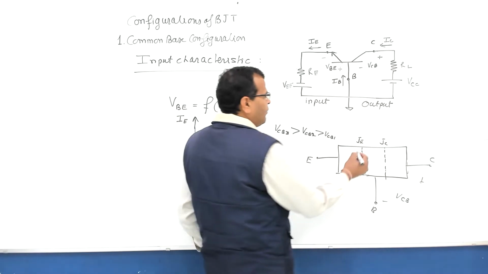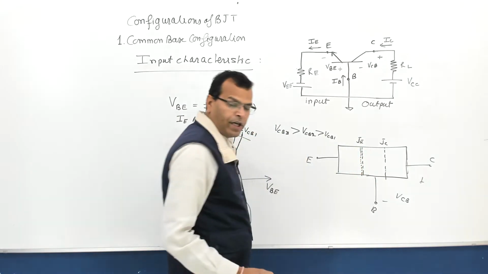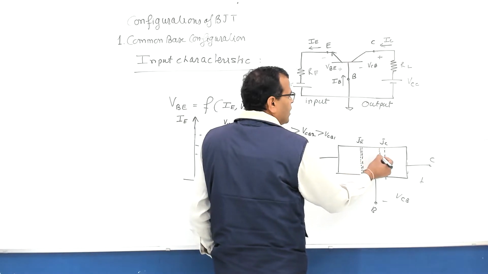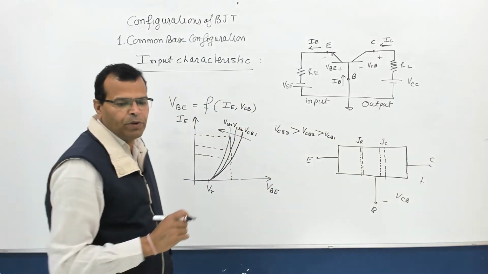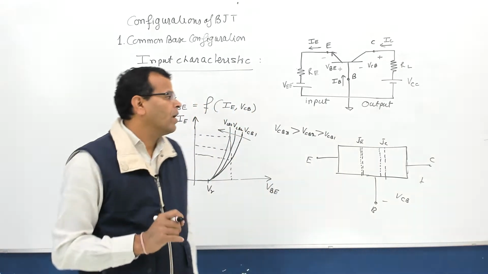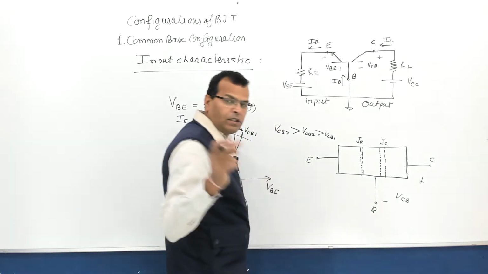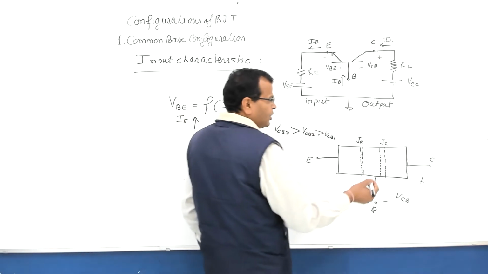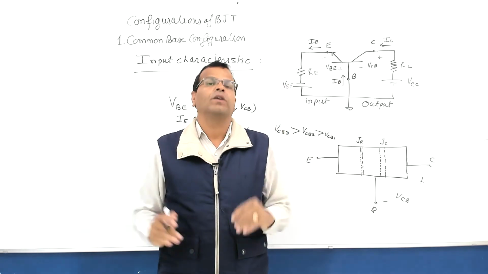At the emitter, the depletion layer is very narrow because it is forward biased, but the depletion layer at the collector junction will be a little wider compared to the emitter junction because it is reverse biased. Fine. So when you increase the voltage VCB, that is the reverse biasing voltage at the collector junction, the depletion layer width will increase. Why?